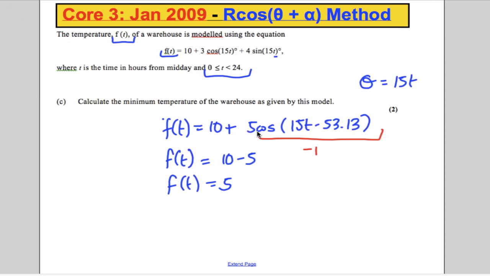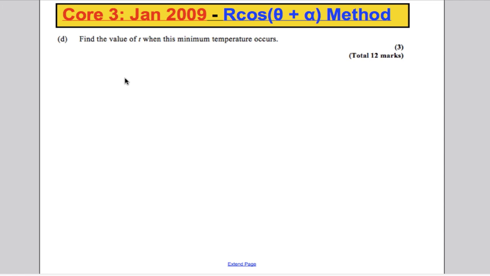The minimum occurs where cos(15t subtract 53.13) is equal to -1. So we're trying to solve cos(15t subtract 53.13) equals -1.